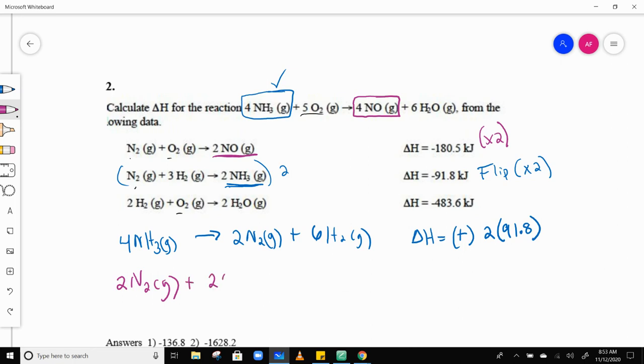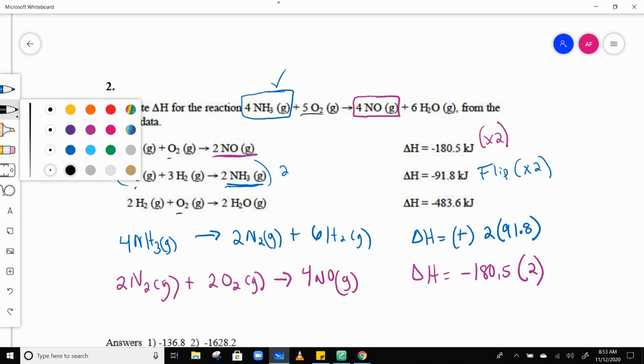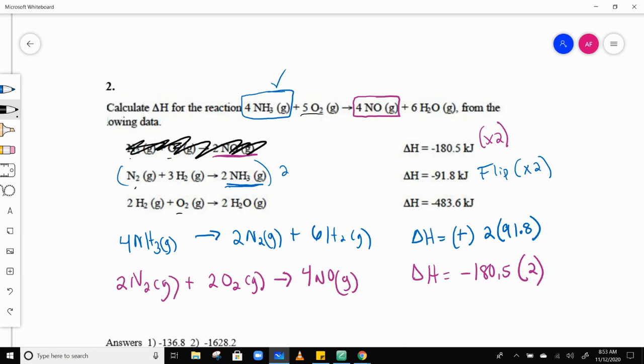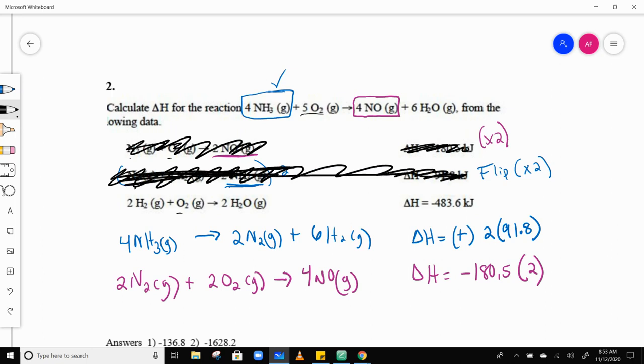And then 2 O2 gas yields 4 NO gas. And the delta H for this one now, it's still negative, but you have to multiply it by 2. So whatever that is. Okay. And now I like to just cross these out because I know we're not using them anymore, so I don't get confused here.